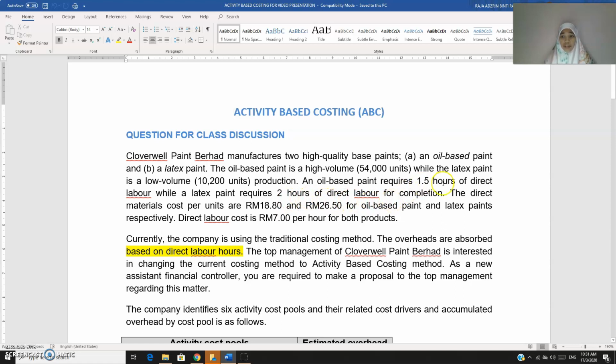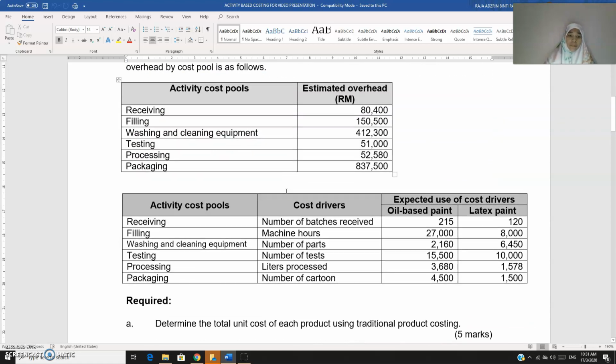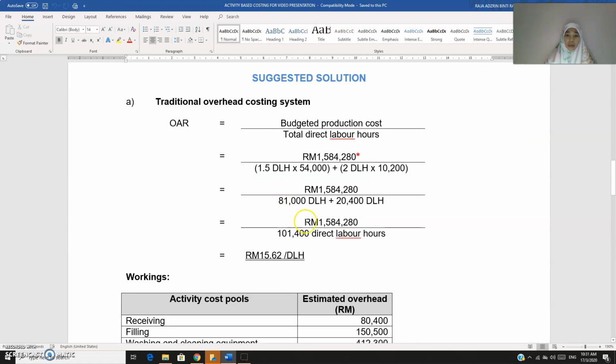So 1.5 hours per unit, you times with your 54,000 units, plus 2 hours for your latex, times with your 10,200 units. That gives you a total of 101,400 direct labor hours, giving you the OAR, the overhead absorption rate, of 15 ringgit and 62 cent per direct labor hour.